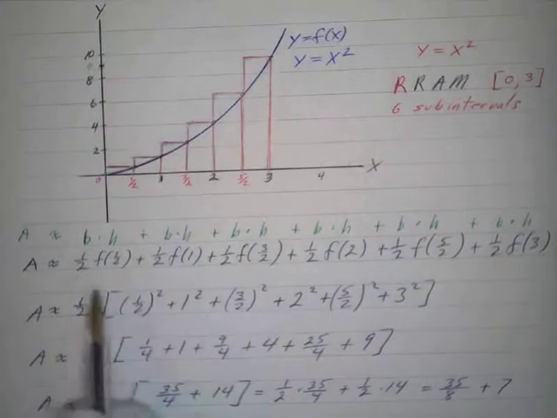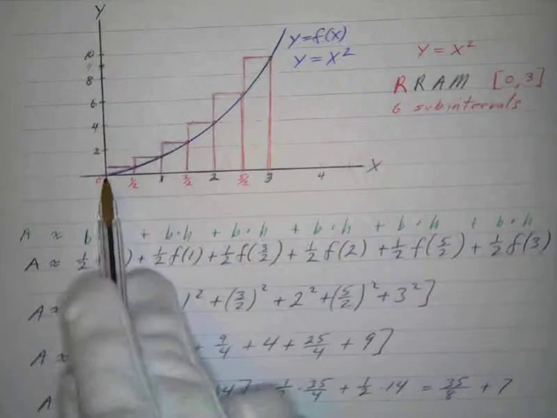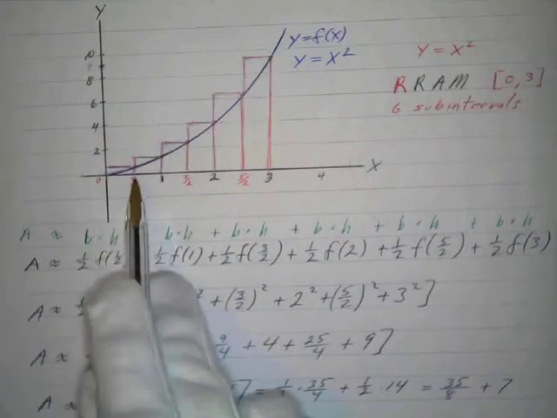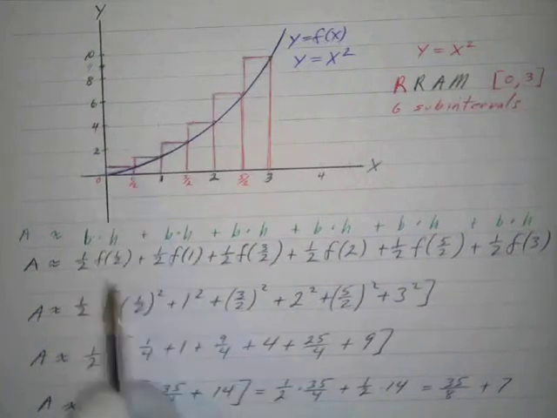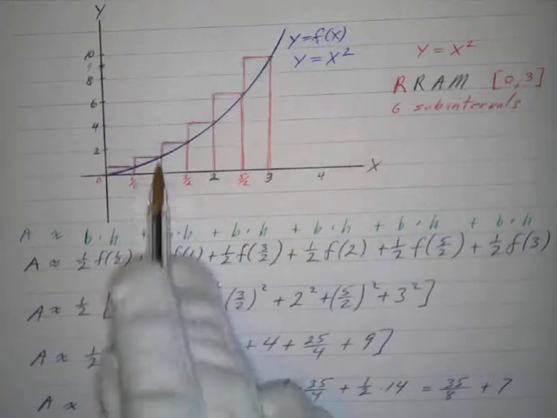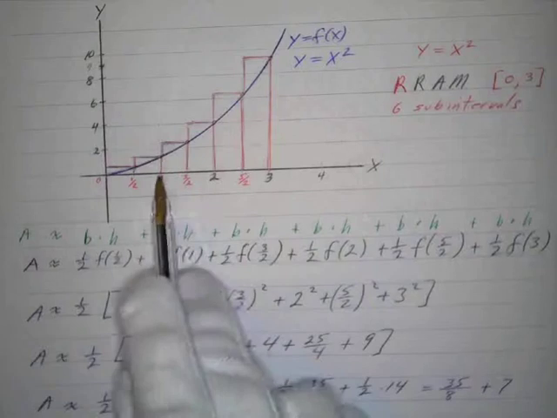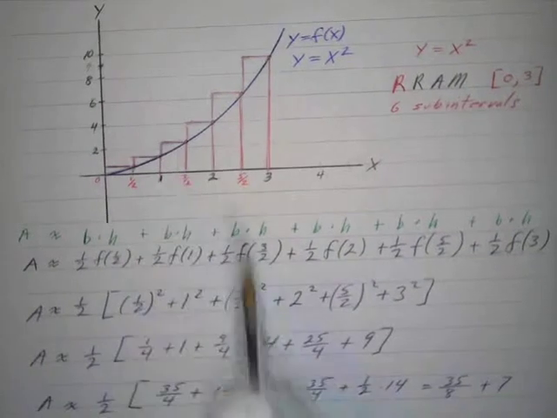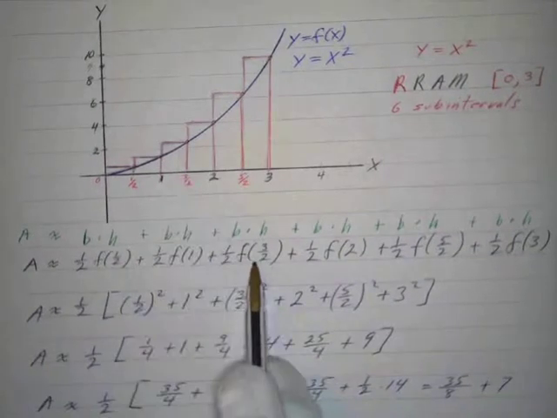So again, the first rectangle, the base will be 1/2, and the height will be f of 1/2. The next rectangle, the base will be 1/2, and the height will be f of 1. Next one, the base is 1/2, and the height is f of 3 halves. That's my third rectangle.